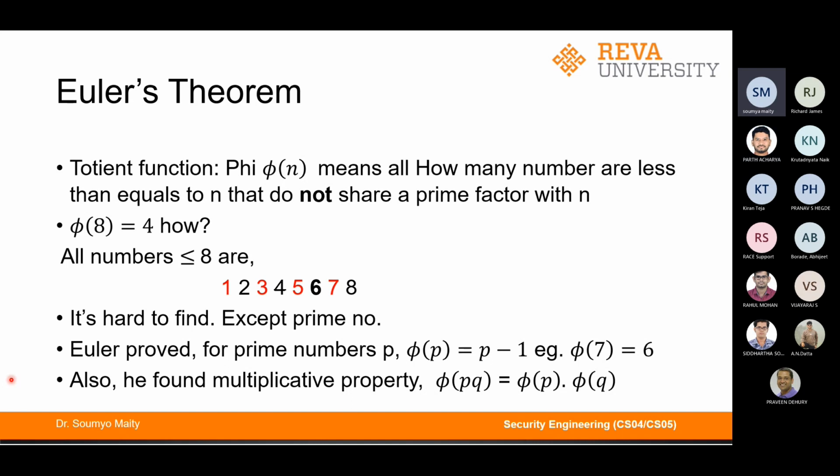What's the point of doing that? In fact, it's true. For almost 300, 400 years, nobody understood why this guy came up with this phi function. What's the point of having this? And not only did he come up with the phi function, he also found some properties of it. So there was no practical use case of this phi function.